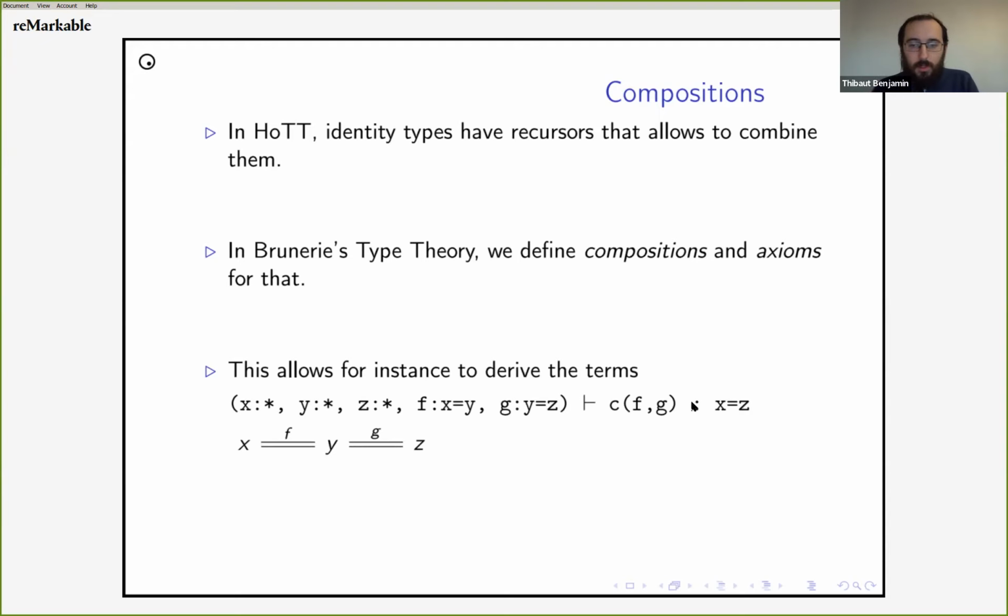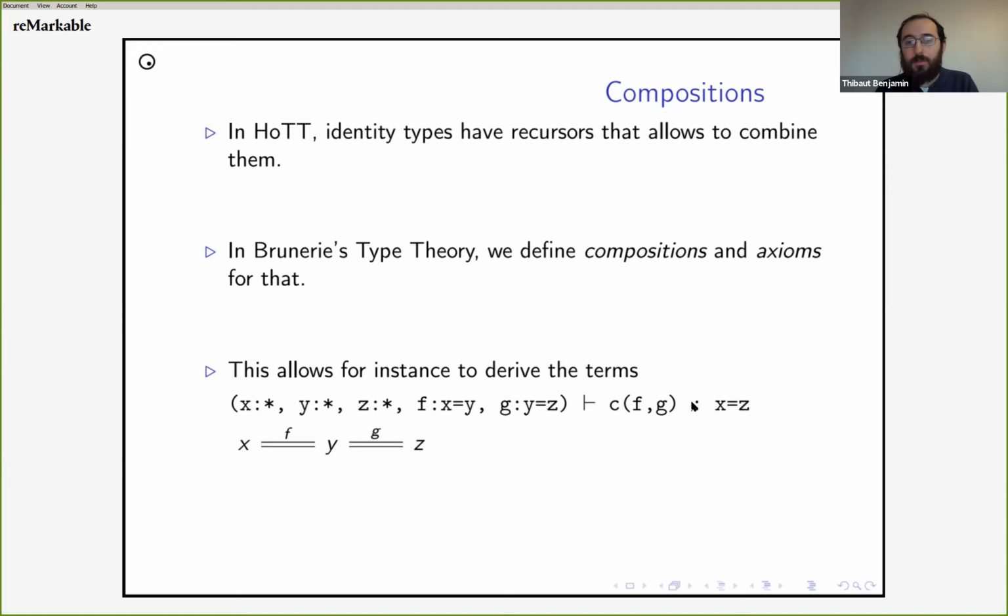So for instance, we can derive this term here. Here I've written a context, which if you parse it, you see that it's this equality situation that I've drawn. And from this context, you can define C of f and g, which has type x is equal to z.